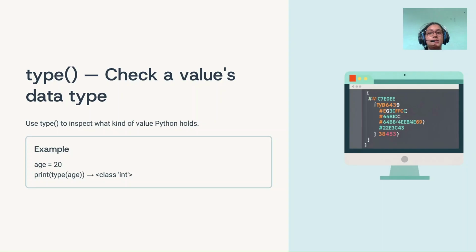There is a function known as the type function in Python, right? If there is a random variable and it has a value and we want to know its type, we can just use this function, and it's very easy to use.